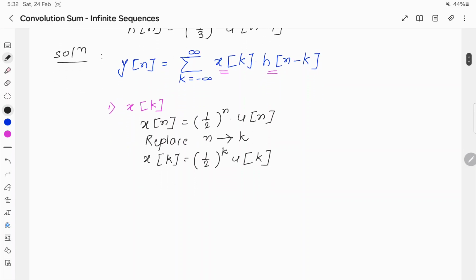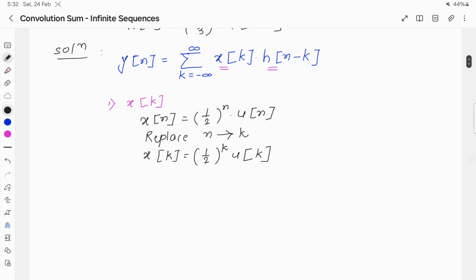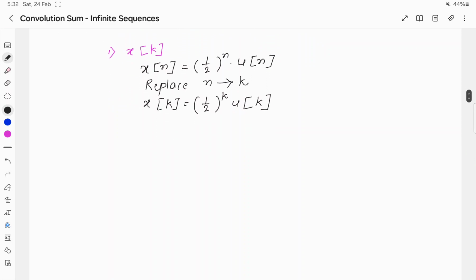As we all know, u of k is nothing but the unit step signal, which has value equal to 1 for k greater than or equal to 0, and 0 for k less than 0.